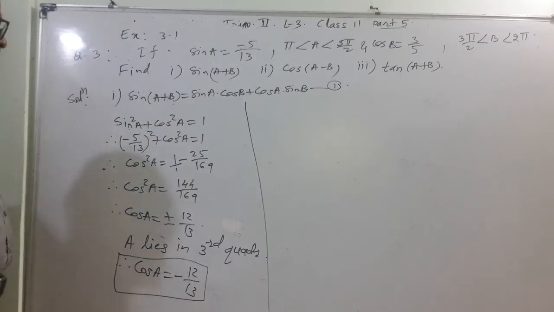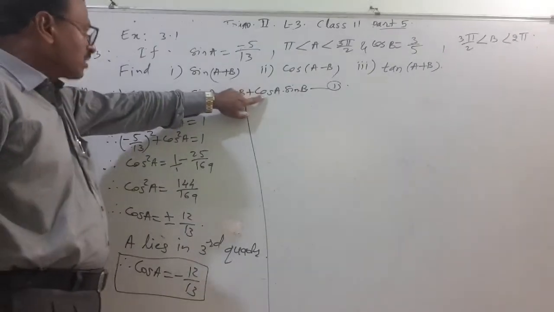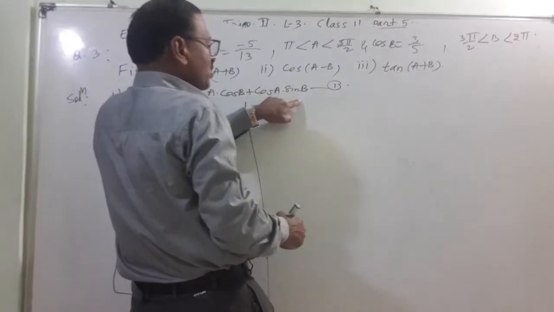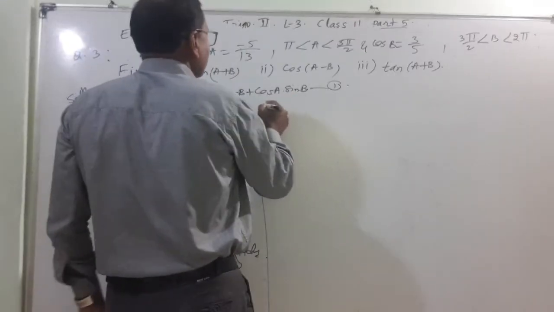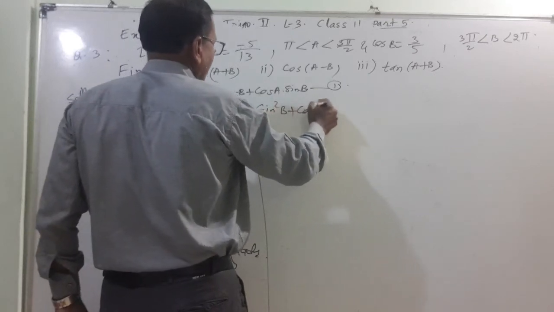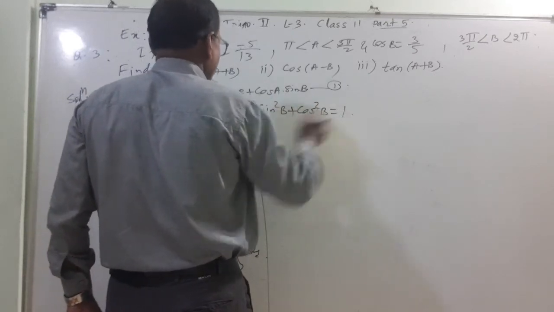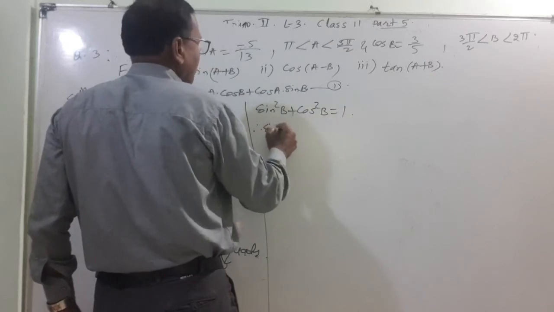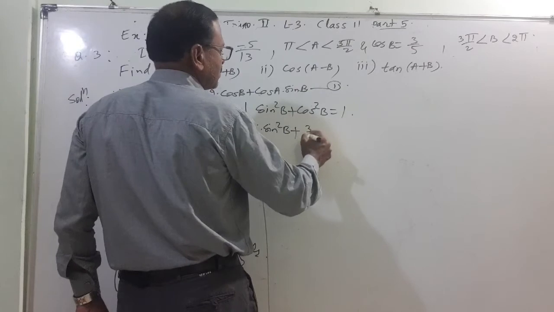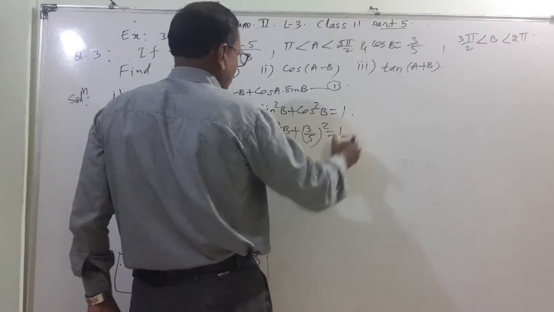Now what I want? Cos A I have. Cos B I have got, but sin B I don't have. So I will find sin B. Sin square B plus cos square B is equal to 1. Therefore, sin square B plus cos B is 3 upon 5 square is equal to 1.